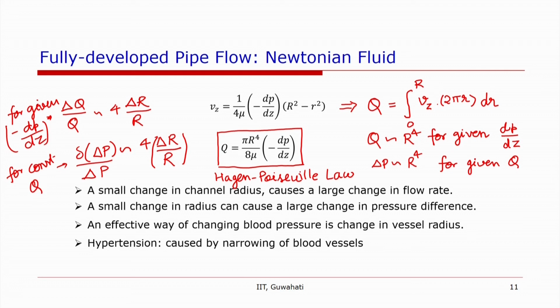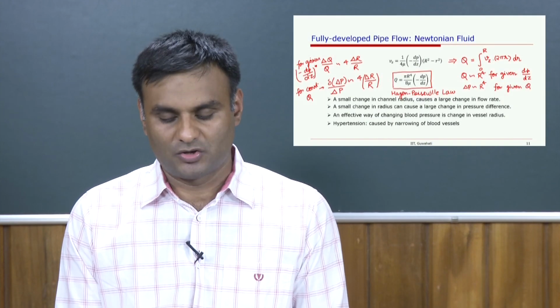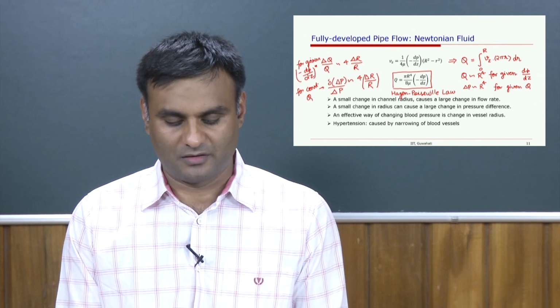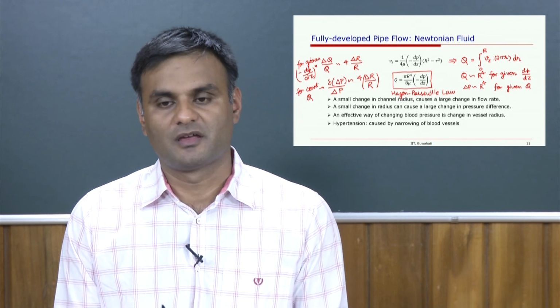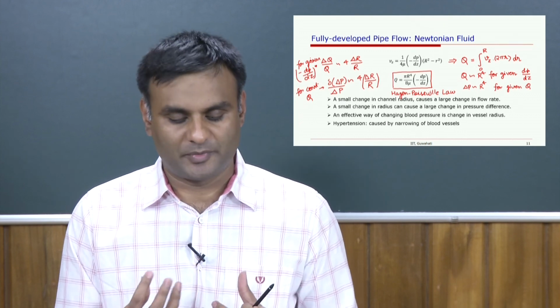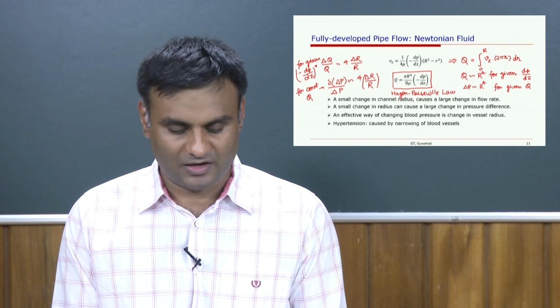So this is an effective way in the cardiovascular system to change the blood pressure. Hypertension is generally caused by narrowing of the blood vessels, and the pressure increases significantly.